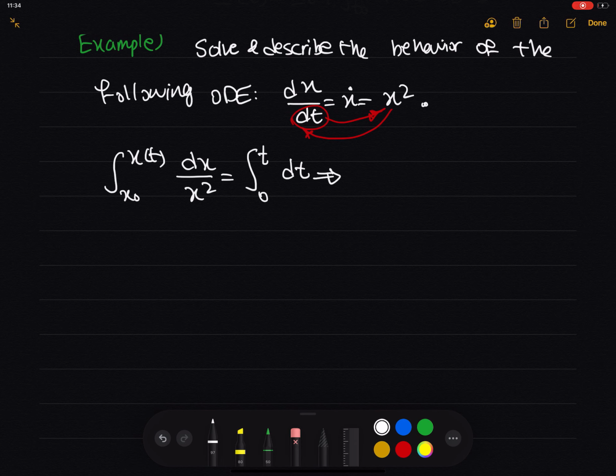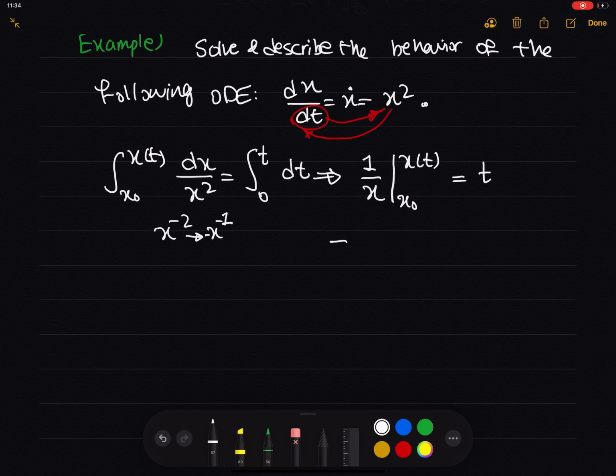The first part is going to give me 1 over x, which is the integral of 1 over x squared from x0 to x(t). The second integral is going to just give me t, right? If you don't remember, this is x to the minus 2, and the integral of that is going to be x to the minus 1, right? So this is how I wrote it here.